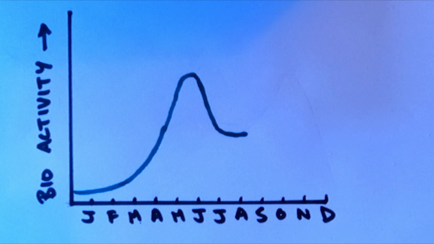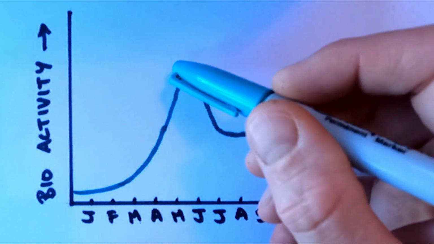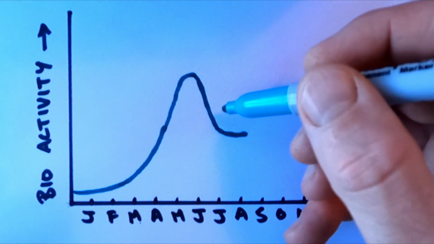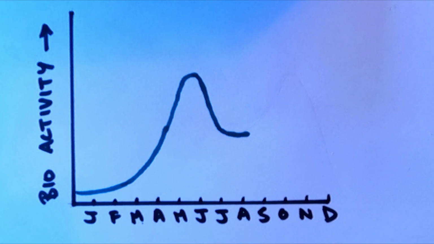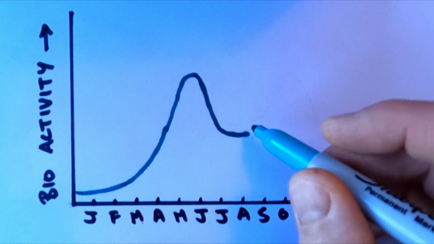That's predominantly because things are incredibly warm and the soil moisture content reduces significantly, and that slows everything down. So we reach this peak in mid to late spring, and then in mid to late summer things slow right down as the soil dries out.